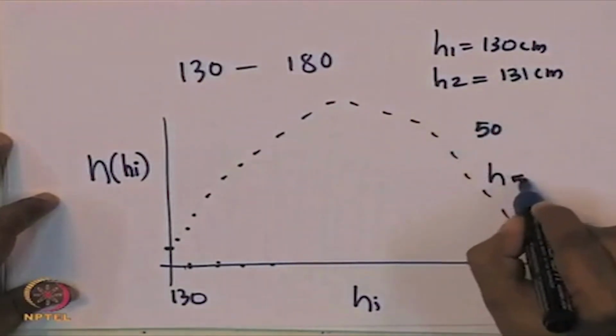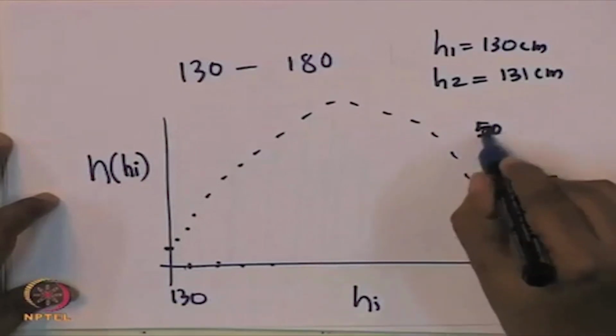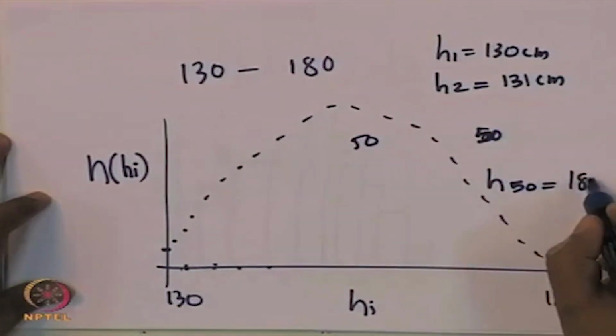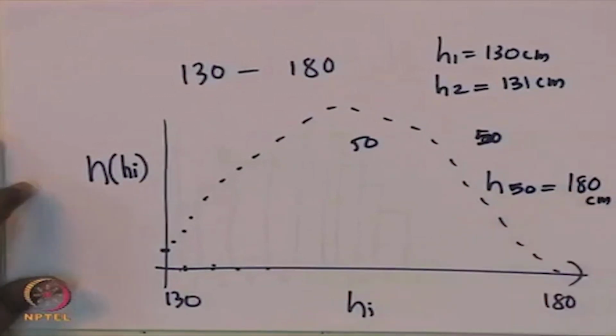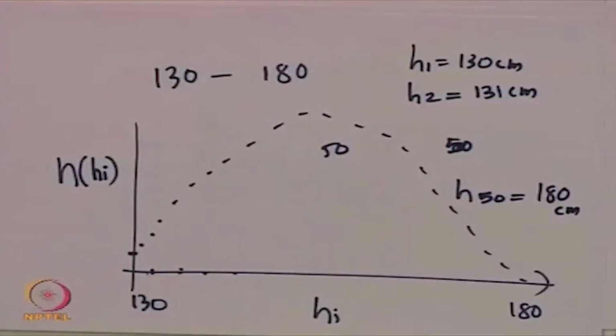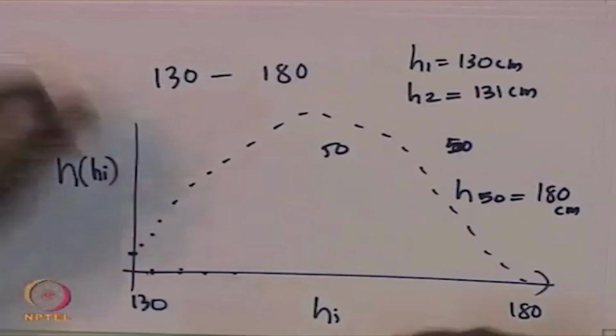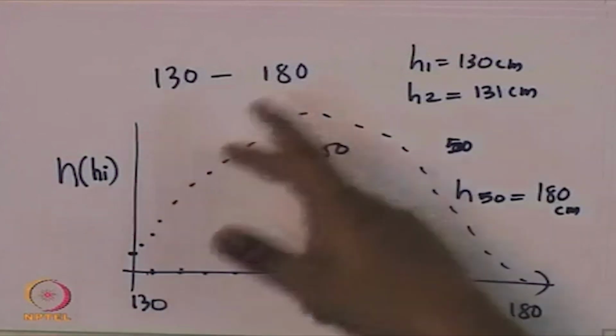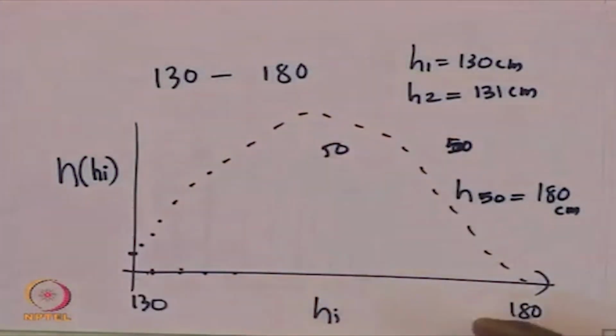Similarly, H50 is 180 centimeter. So, you can write it this way. Basically, you can have an n of Hi versus Hi graph, which might have some particular shape.